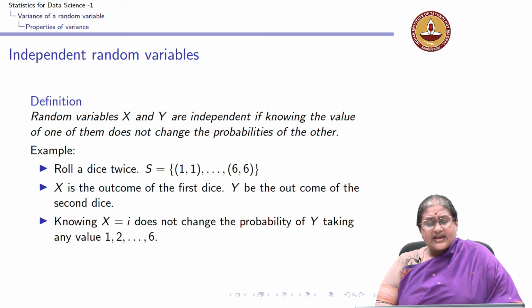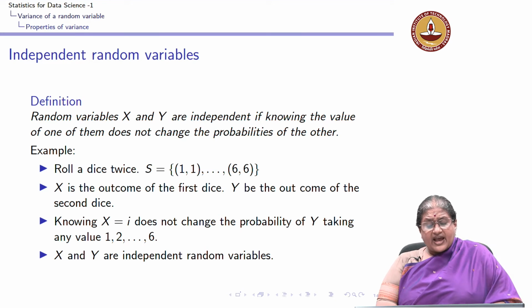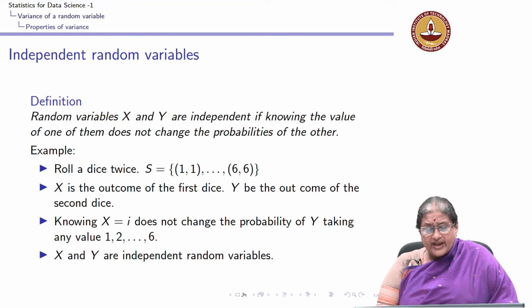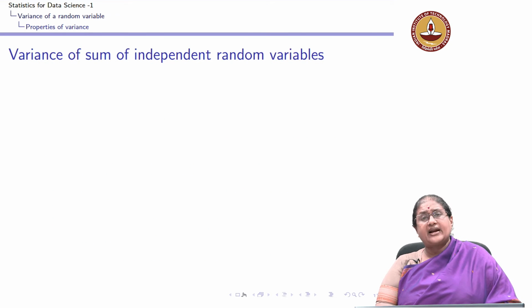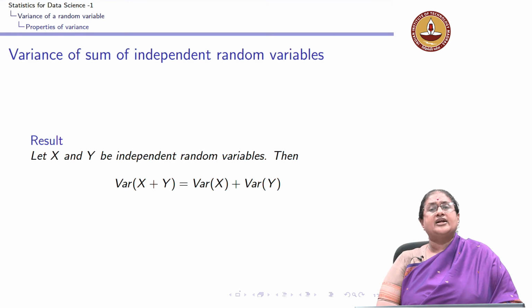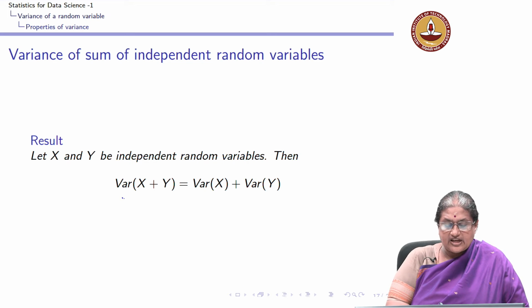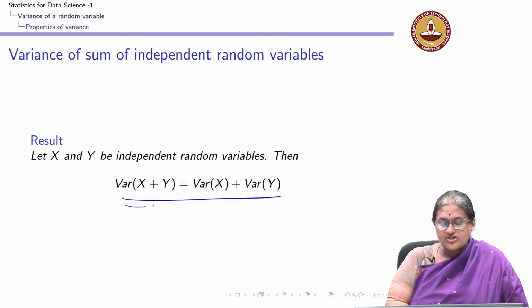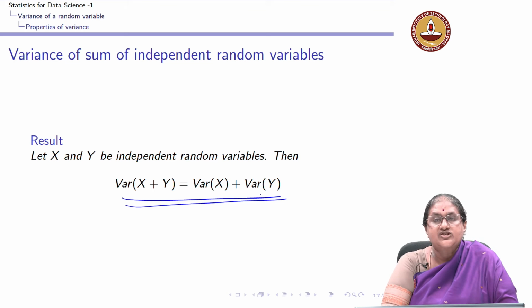Now, why does this become important to us? If I have x and y as independent random variables, then I can show that variance of x plus y is equal to variance of x plus variance of y.